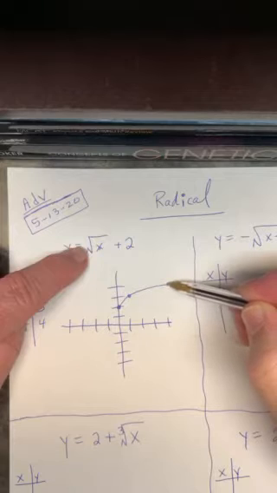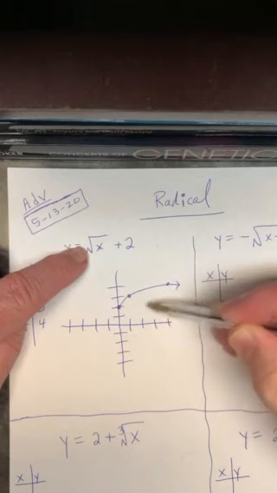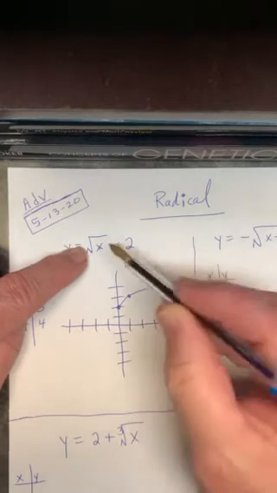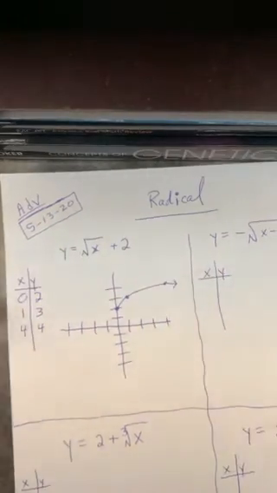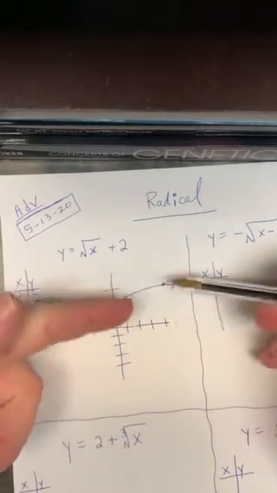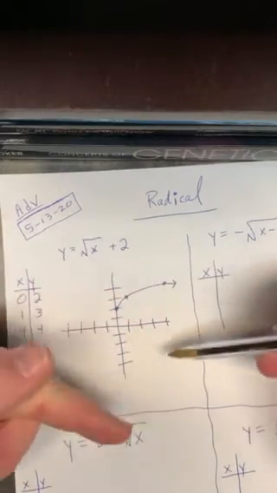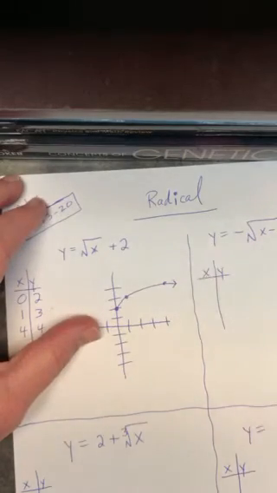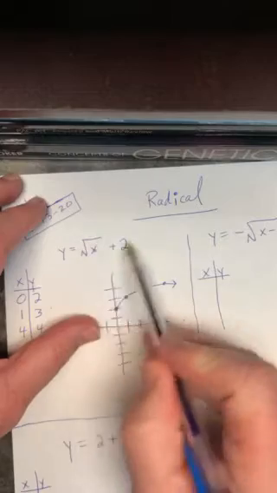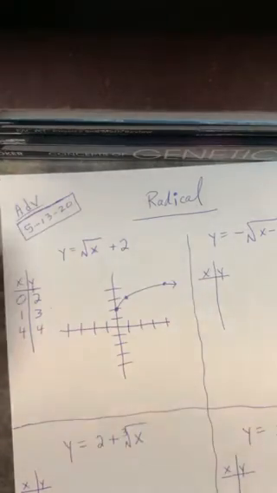If I went from 0 to 4 and colored in all the area, I could integrate that function from 0 to 4 and plug in my numbers and find my area, things like that. I could actually rotate this and spin it around the x-axis, make a 3-dimensional shape, and eventually next year find its volume. But again, you got to know how to sketch it accurately if you're going to answer any questions like that.